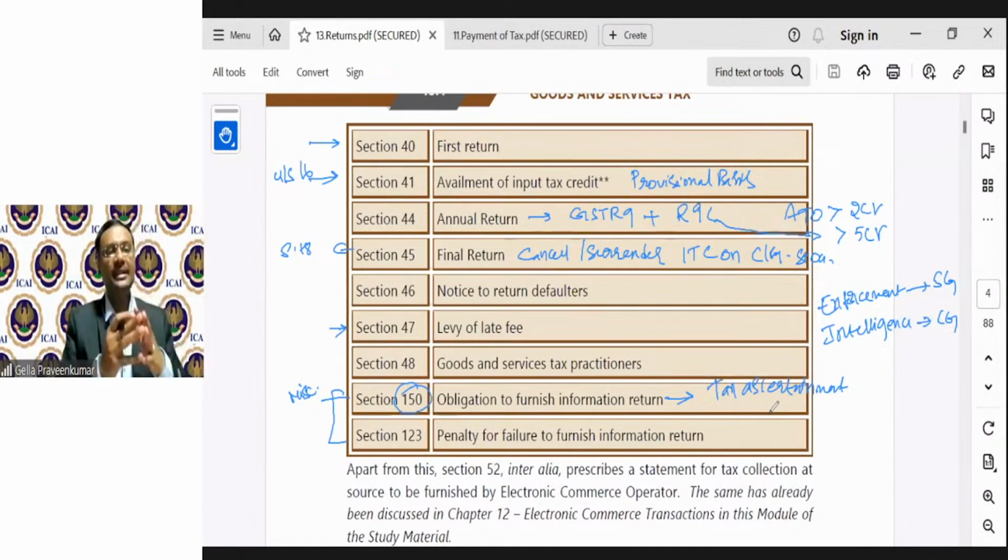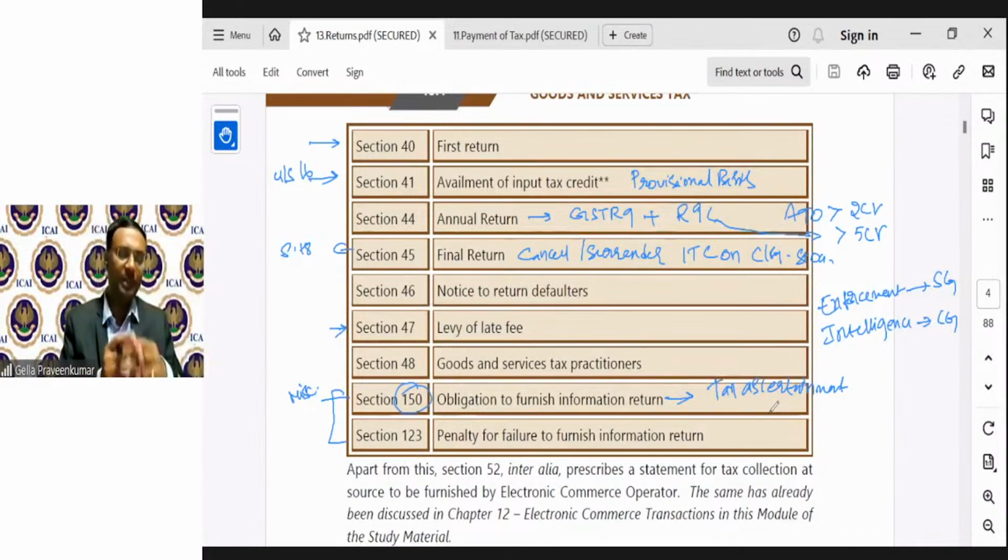When I deal with the miscellaneous chapter provisions, I'll give you more insight into how these provisions are relevant. As of today, under Section 150, the proper officer under GST can call for records from any other authority who maintains books of accounts or who collects statistics.